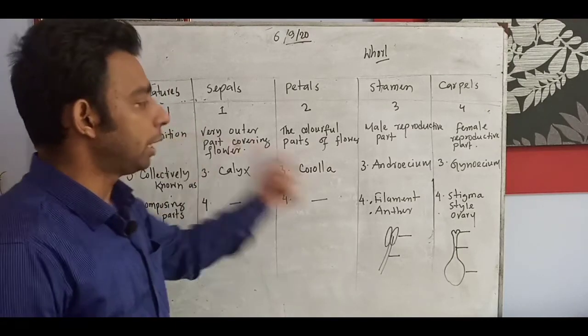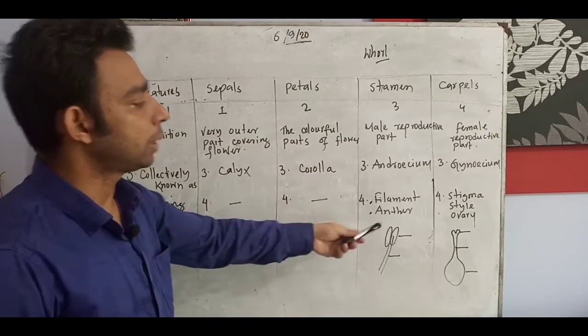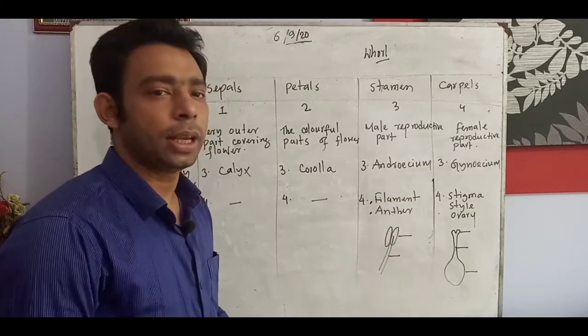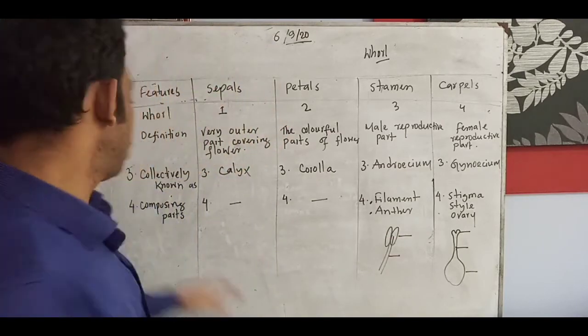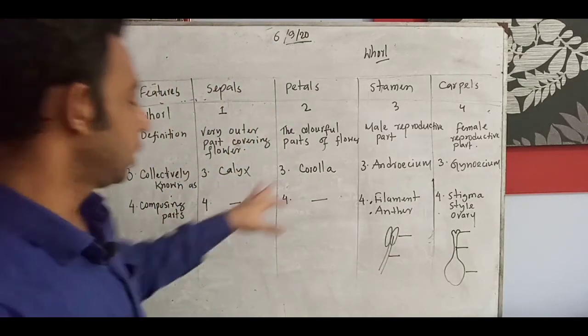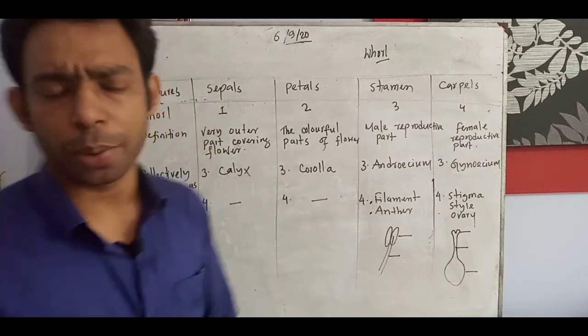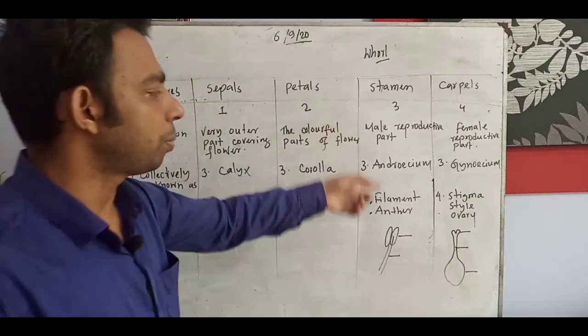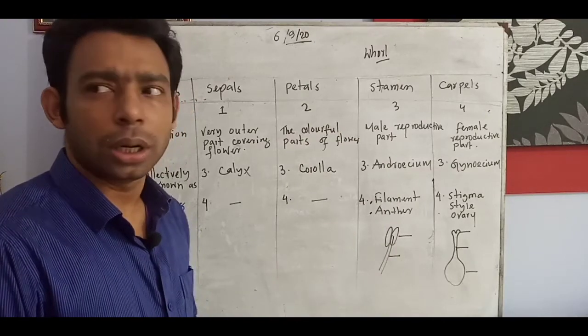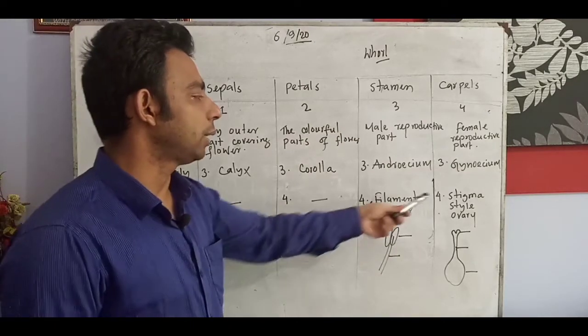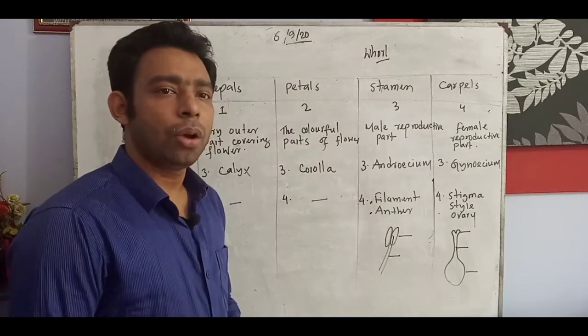The filament and anther belong to the stamen, and stigma, style and ovary are the common parts of the carpel. So sepals and petals have no composing parts, but in case of the stamen and carpel, we can section them, with the filament and anther, stigma, style and ovary.